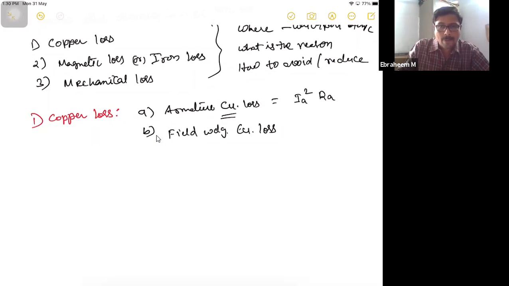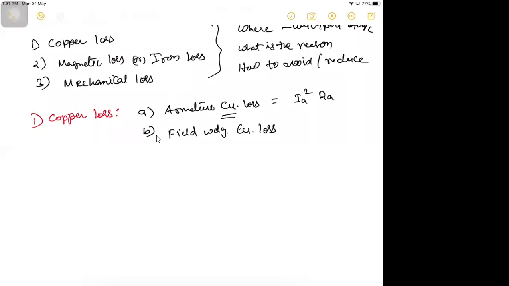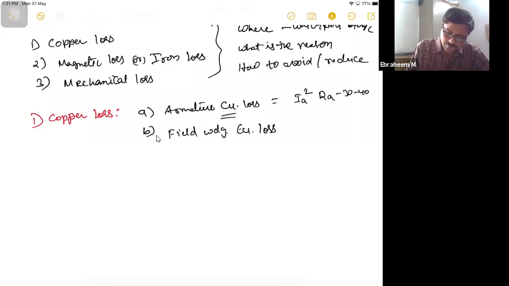Okay, is it clear? Yes, sir. So this is 30 to 40% of the total loss.